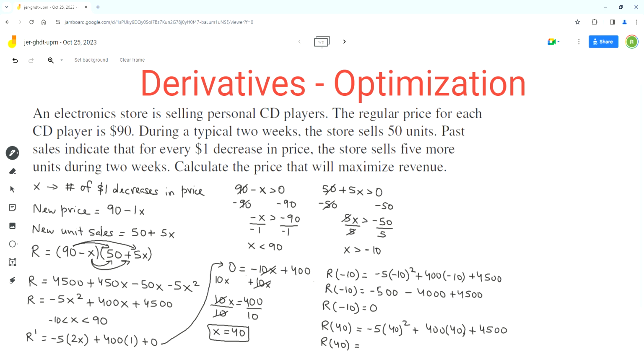Negative 5 times 40 squared is negative 8,000. And then plus 40 times 400 is equal to 16,000. And then plus 4,500. So when we add these terms, we get $12,500.